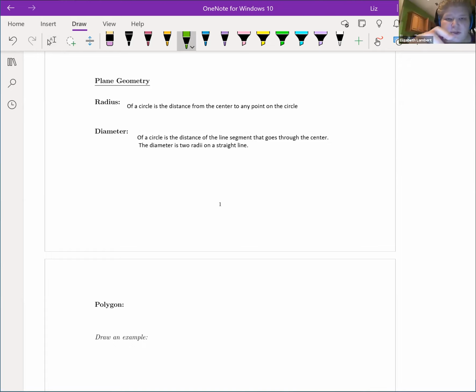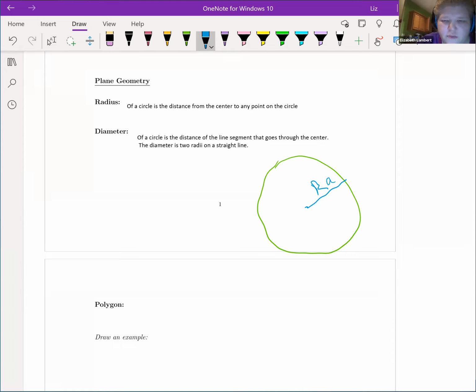So let's doodle a circle. That is a horrible circle, but we're going with it. And then somewhere in there is our center. I know I can't draw straight lines on the computer, just bear with me. But any straight line from the center to a point on the circle is a radius. So we'll give that an R. Okay, radius.